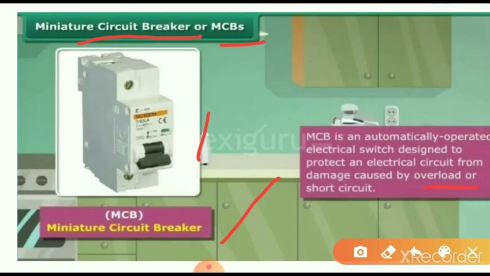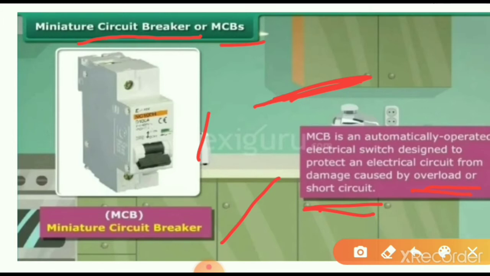So what is overload and short circuit? A short circuit occurs when wires touch. For example, if any two wires touch, a short circuit occurs. At that time, if an MCB is there, it operates automatically and protects the electrical sockets.